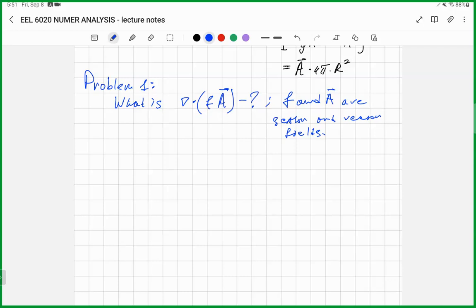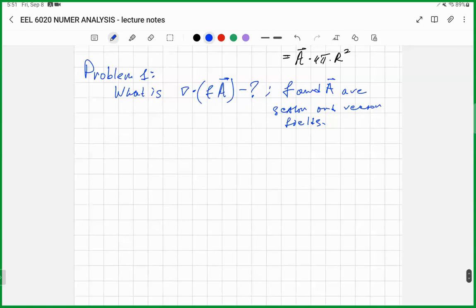But at the same time, we cannot just take this f out of the divergence, because it is not a constant. It is a scalar function that depends on coordinates. So we need to consider this operation carefully.